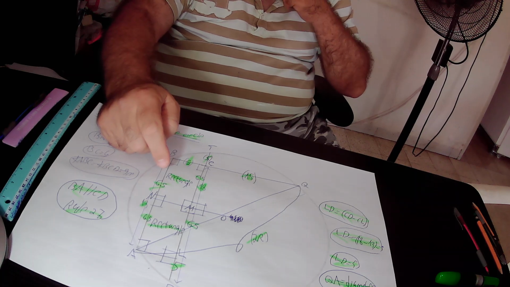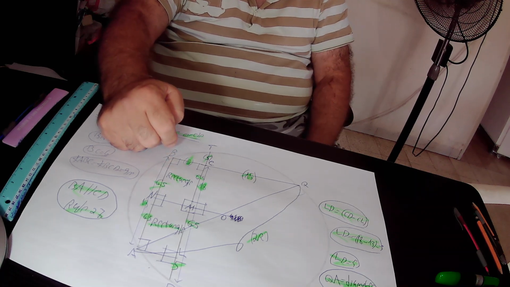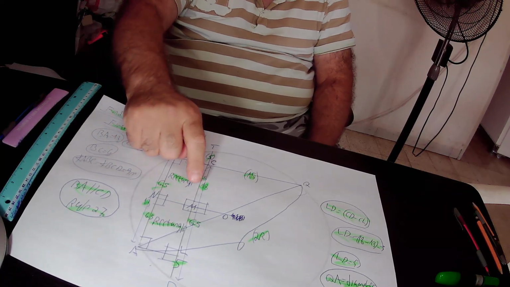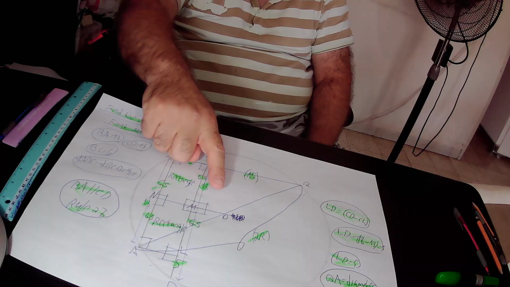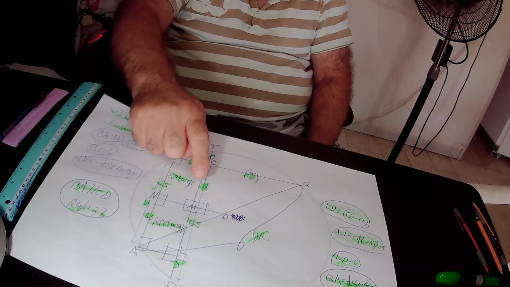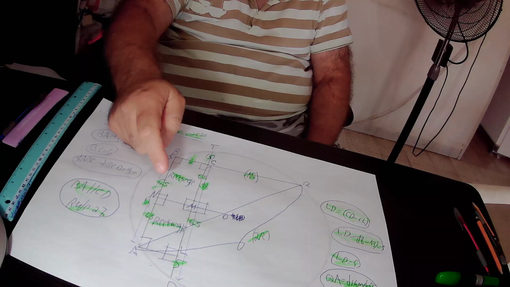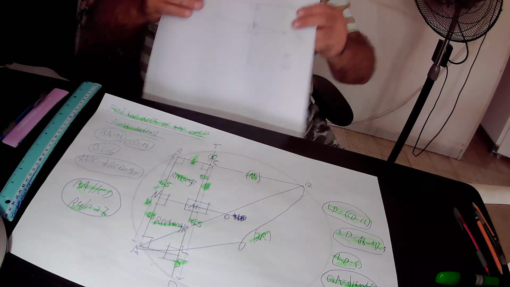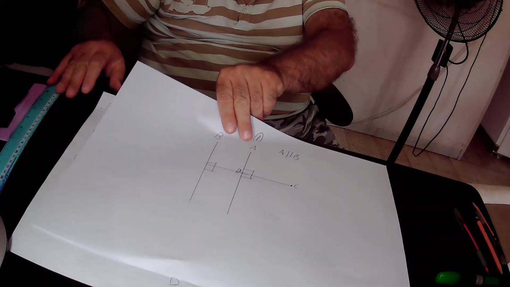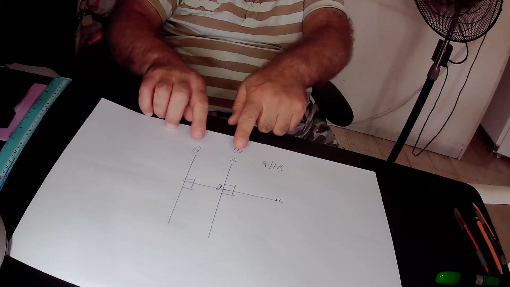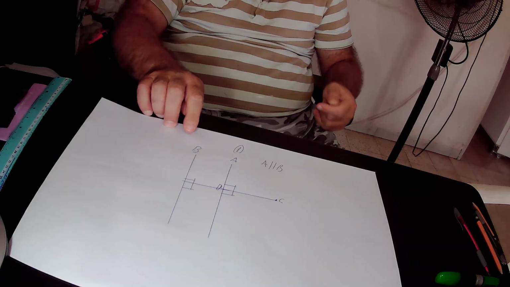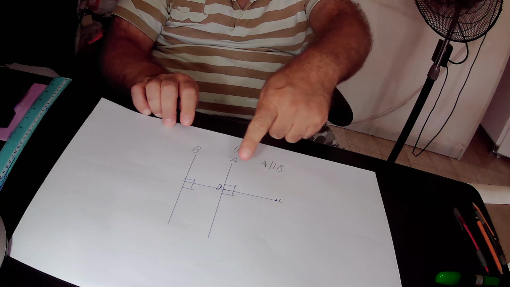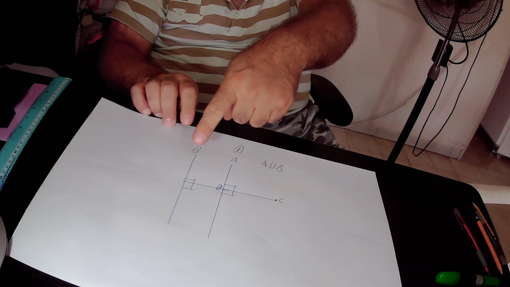So here, because of the fact that BA is parallel to CD, it means that the perpendicular OM, the extended perpendicular OM on CD, must also be perpendicular to chord BA. Why? Because if you have two lines that are parallel to each other, here line A is parallel to line B, then the perpendicular to line A, the extended perpendicular to line A, must also be perpendicular to line B. Why?